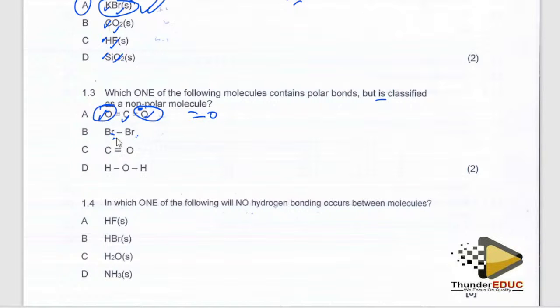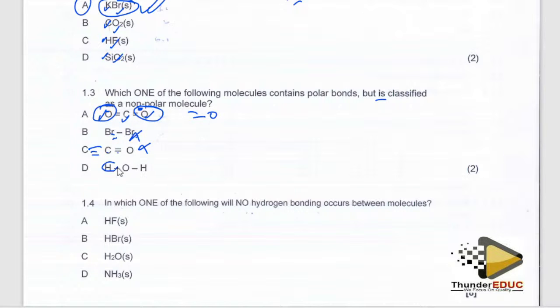These two have the same electronegativity, so this one can't be. This one, they have different electronegativities, so at the end of the day it's going to be polar. Because this side I don't have anything, and it can't be, because this one is only for group 4. So this is also wrong.